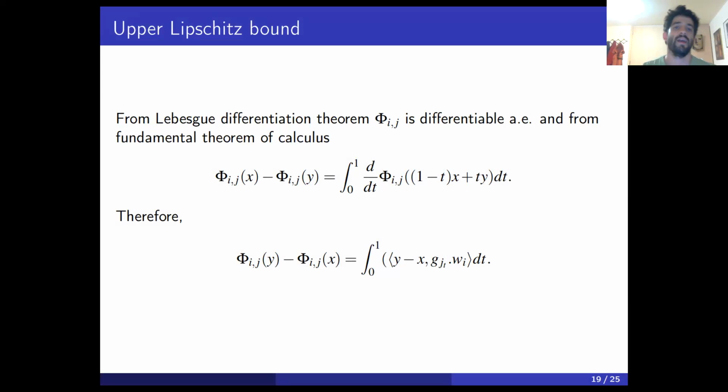So recall phi of ij, that we just take the jth component of Coorbit of x with respect to wi after we have sorted in decreasing order. And from the fundamental theorem of calculus, we have that fij of x minus fij of y is equal to this integral.